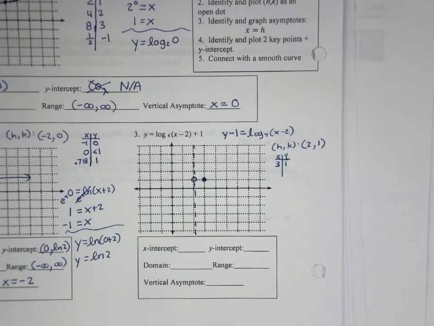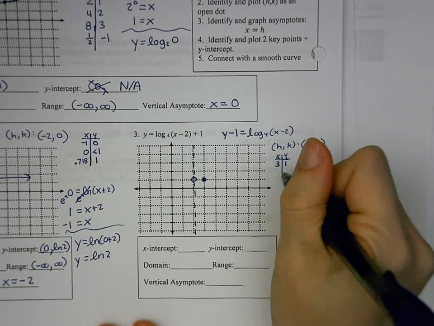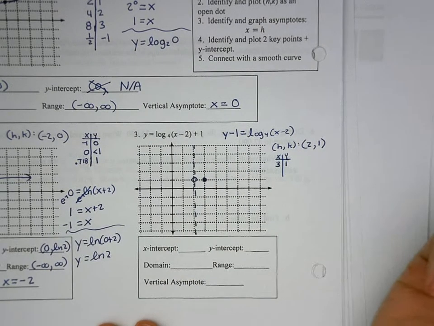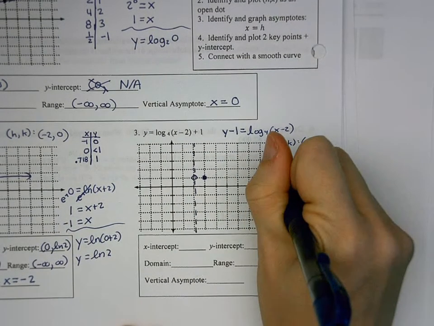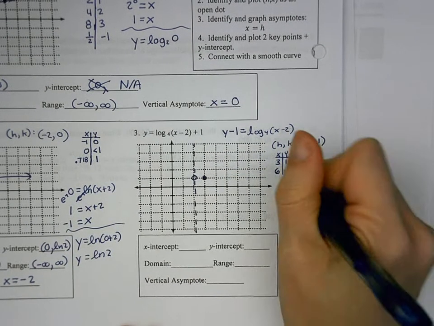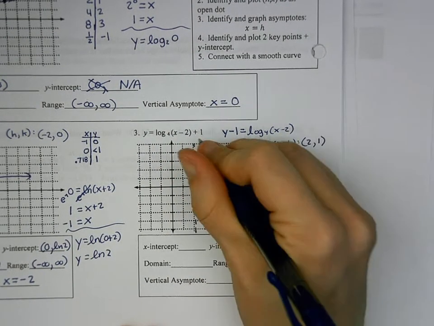Okay, and then for your other point, this one is log base 4. So potentially speaking, you might want to make the inside equal 4, because then log base 4 would be 1. So that would mean maybe doing 6 for inside your logarithm. 6 minus 2 would be 4. So log base 4 is 1, plus 1 is 2.